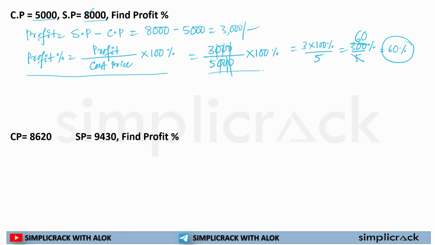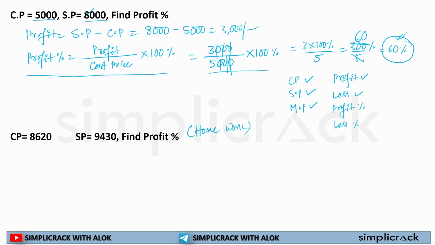Now, how we are solving this question, then only you will get the answer. Okay. Now, this is your homework. So till now, we learned what is cost price, what is sales price, what is marked price. We understand what is profit, then loss, then profit percentage, then loss percentage.